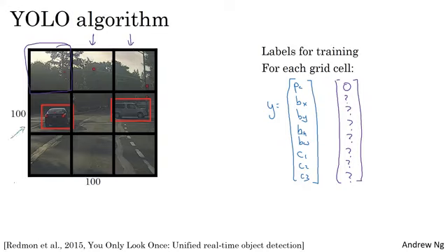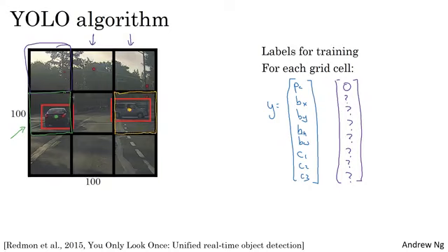To give it a bit more detail, this image has 2 objects, and what the YOLO algorithm does is it takes the midpoint of each of the 2 objects and it assigns the object to the grid cell containing the midpoint. So the left car is assigned to this grid cell, and the car on the right, which has this midpoint, is assigned to this grid cell.